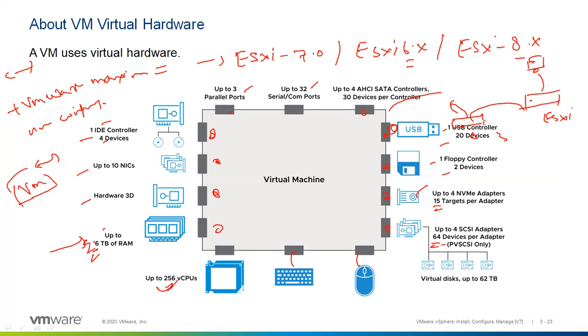If you connect a pen drive to your local system, that pen drive's contents will be available inside that VM, but you have to connect it as a virtual USB drive. So you can map it, right? In that way, you can present the physical USB drive in the virtual machine.